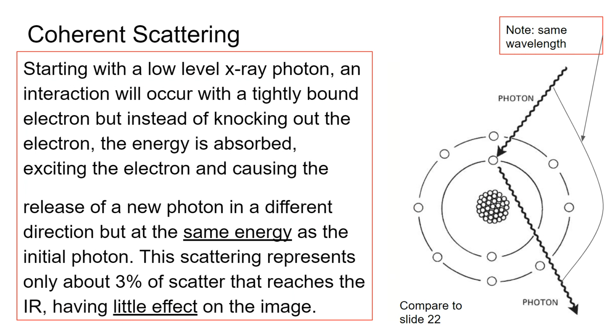Coherent scattering. First of all, this is only happening about 3% of the time. I like this one. What's not happening to the electrons in this one? They're not getting ionized. I mean, they're not getting kicked out.